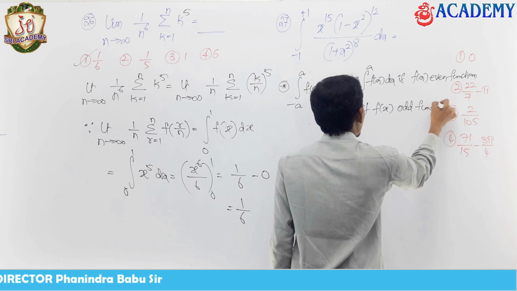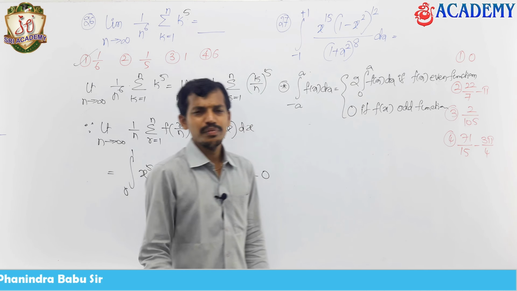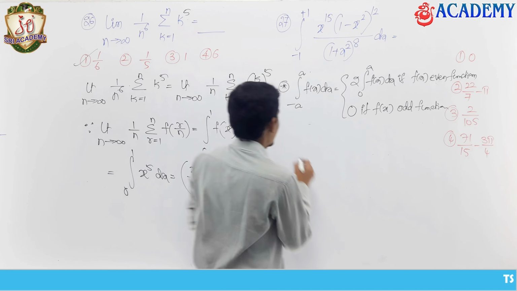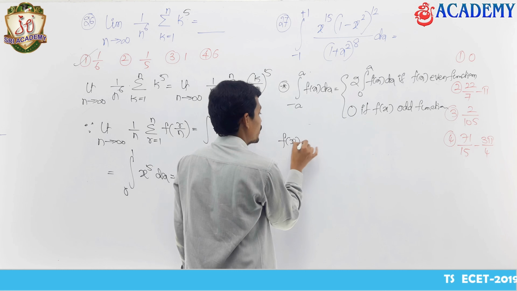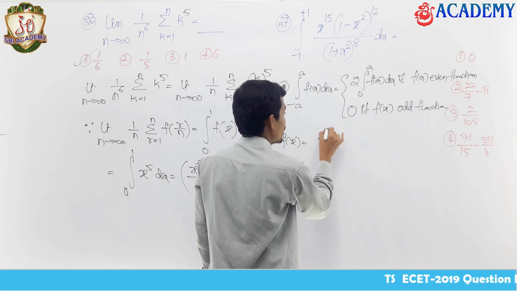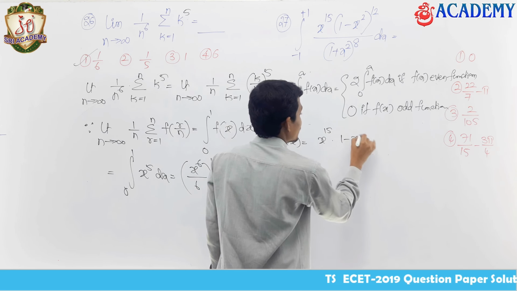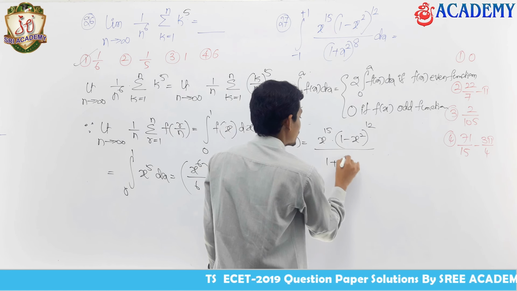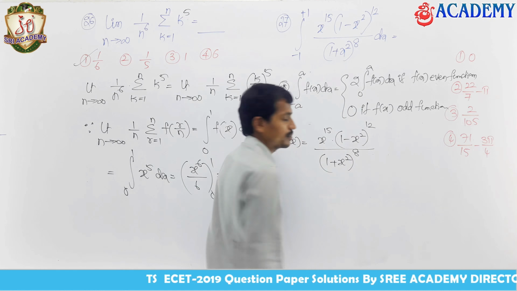To say even and odd, simply we replace x with minus x. Here, if you take the total function, f of x is going to be x power 15 times (1 minus x square) whole to the power of 12 divided by (1 plus x square) whole to the power of 8.